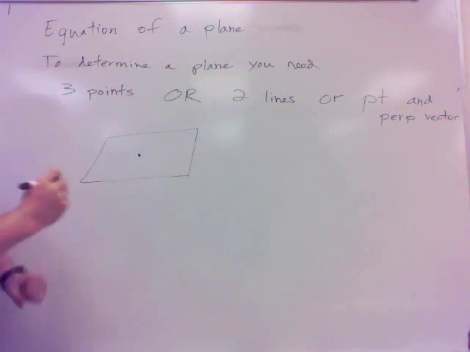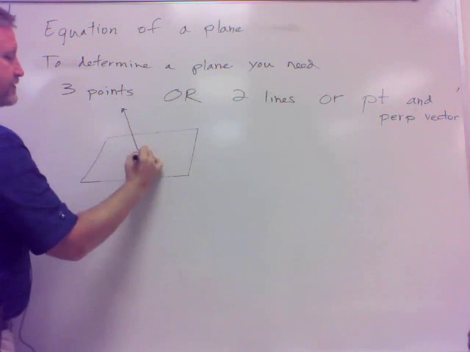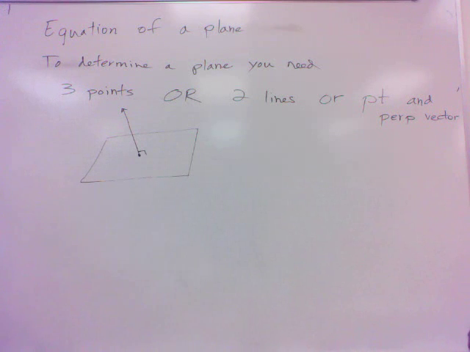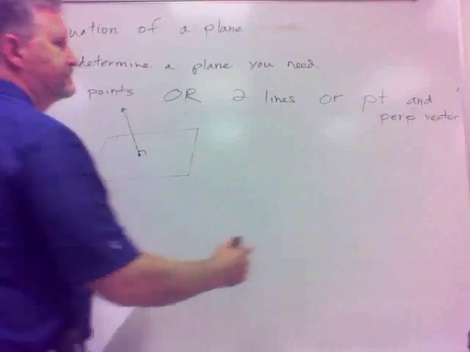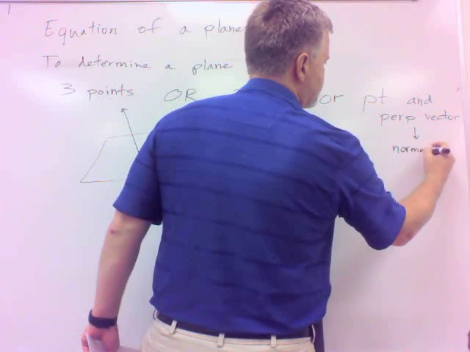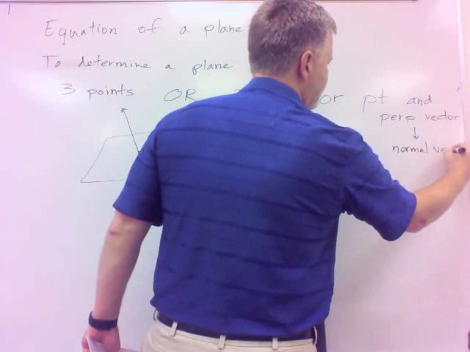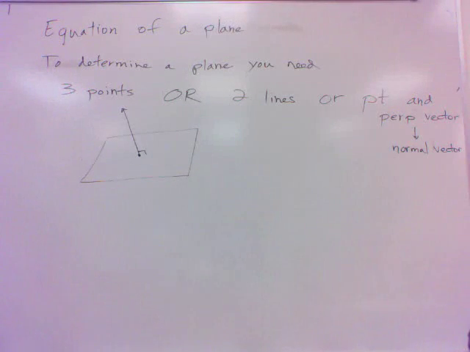And so we've got this vector that's perpendicular to it. That vector is going to be called the normal vector. I think we mentioned back in Calc 1, we talked about the normal line to a curve. This is the normal vector to a plane.